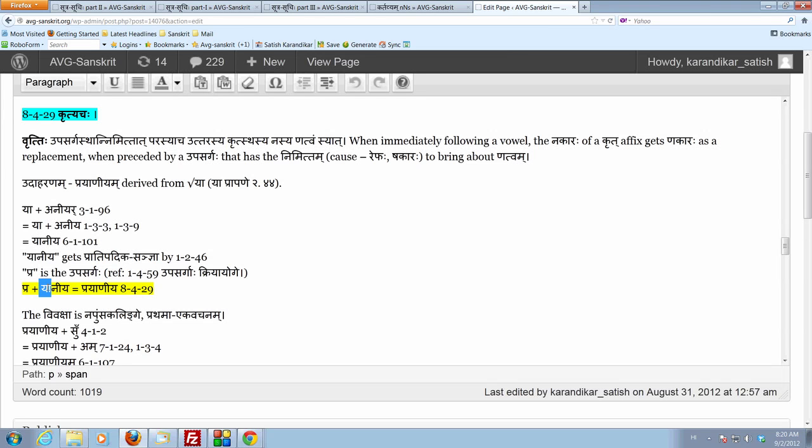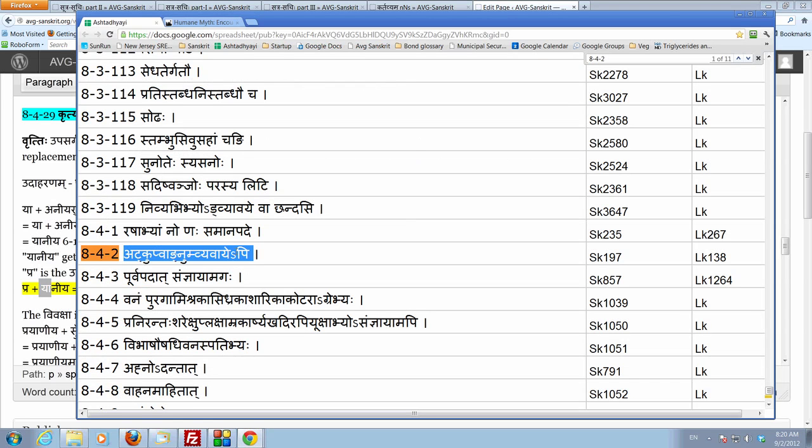So the pratyahara at starts from a all the way up to hayavarat. So all the intervening letters are within the at pratyahara in this case. So 842 is satisfied.